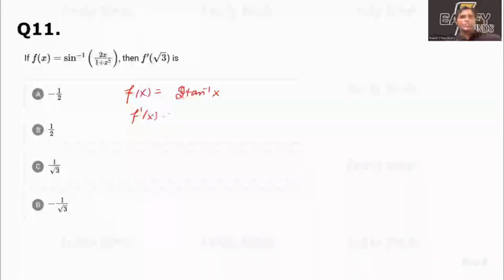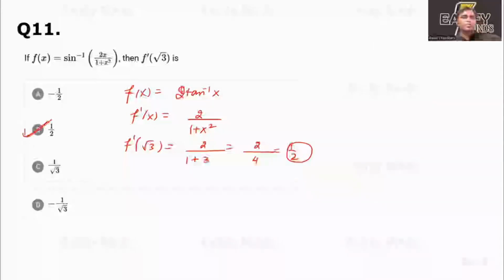What is f dash x? Derivative of tan inverse x is 1 by 1 plus x square. Let's put root 3 in place of x. So root 3 square is 3. So 2 by 4, and the answer is 1 by 2. That is option B. Very simple, easy problems. Not so tough. Clear?